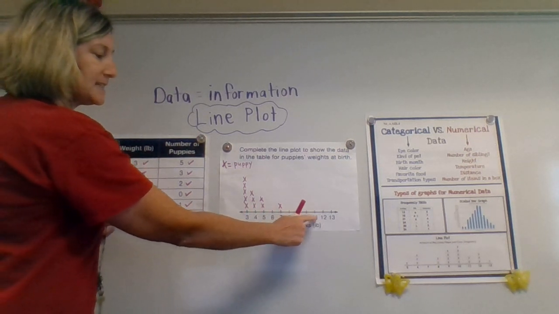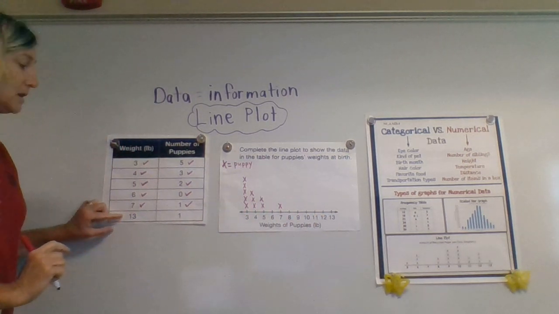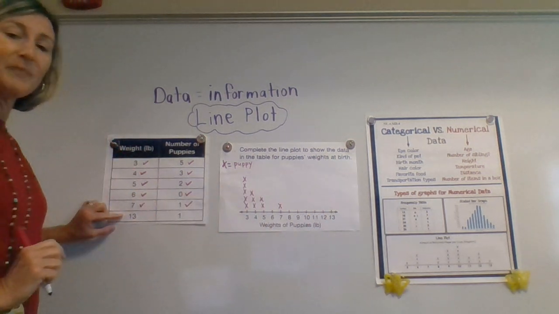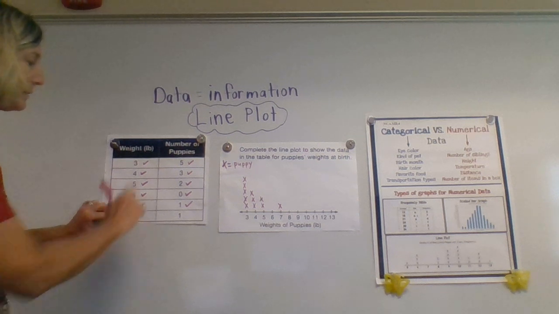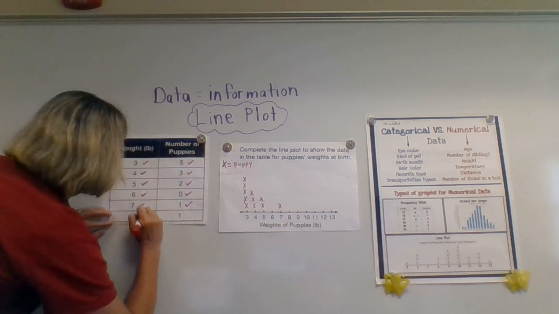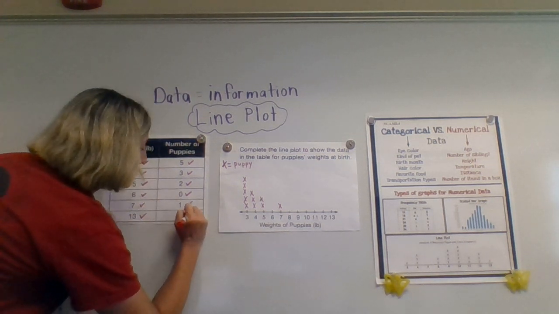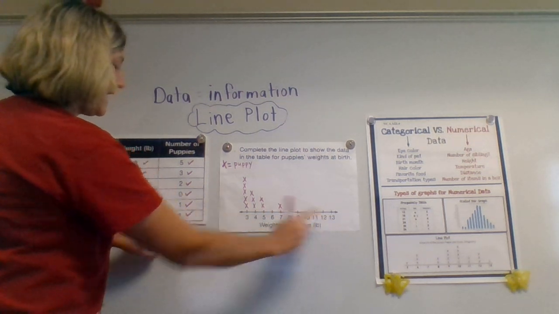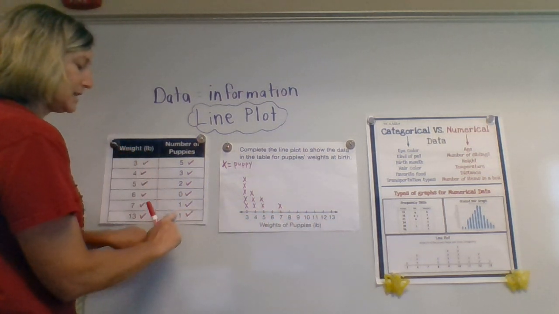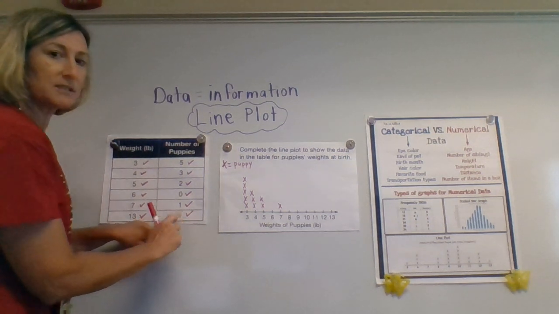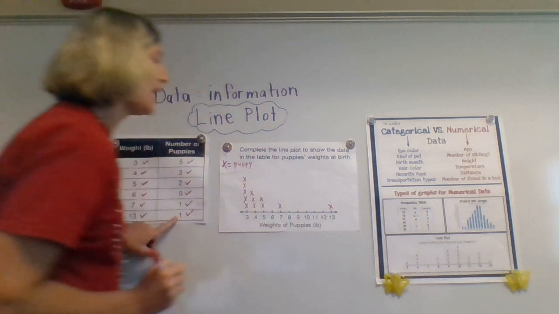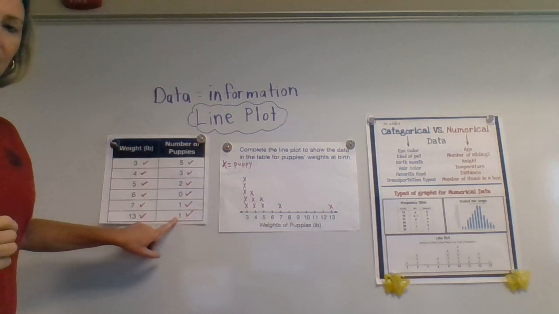So we're just going to skip these because there's no puppies weighed 8, 9, 10, 11, or 12 pounds. So our next job is to go all the way down to our 13, to our weight, 13 pounds. And how many puppies weighed 13 pounds? Just 1. So we're going to put our X, remember, keeping it the same size, right there.